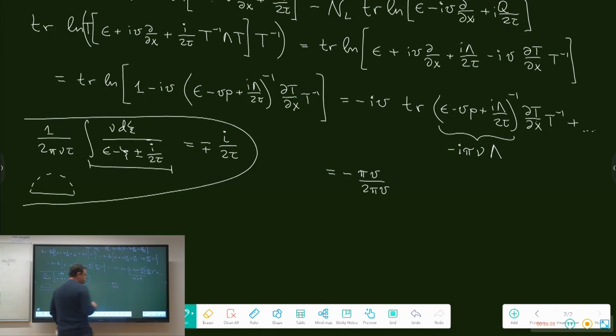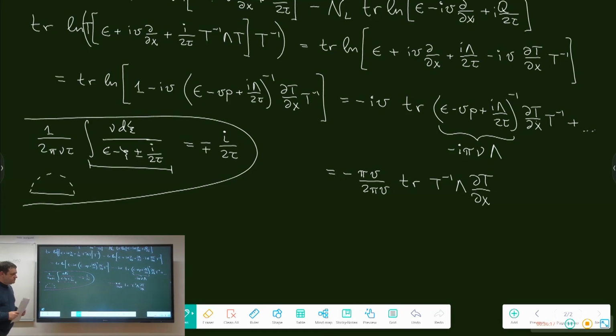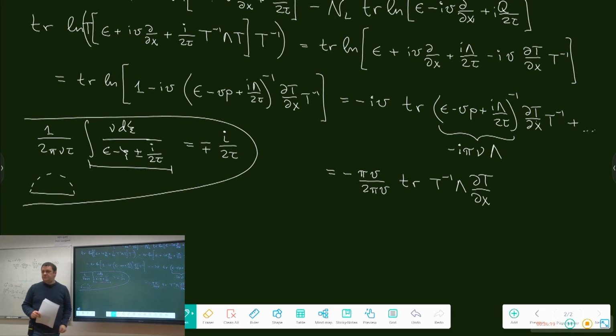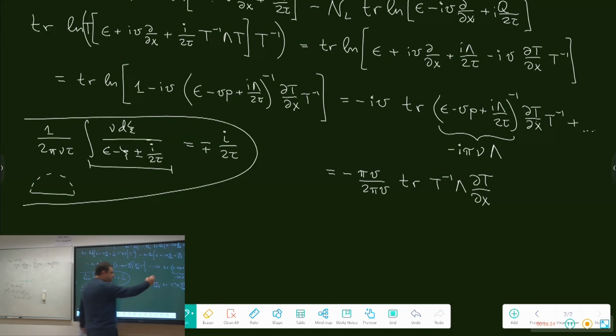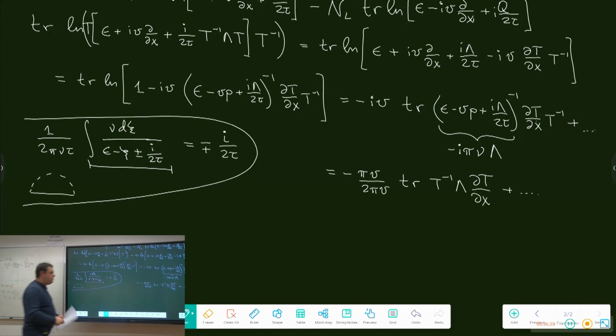This is quite boring, right? And then I have the trace of t inverse lambda dt by dx. So it's minus 1/2 of this trace. And of course I have the quadratic term, which I do not specify here.